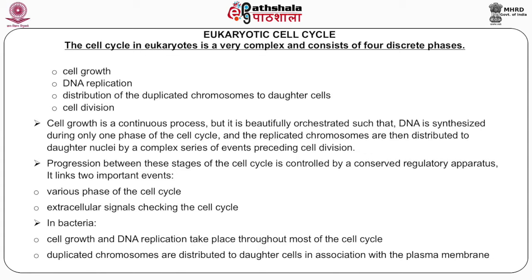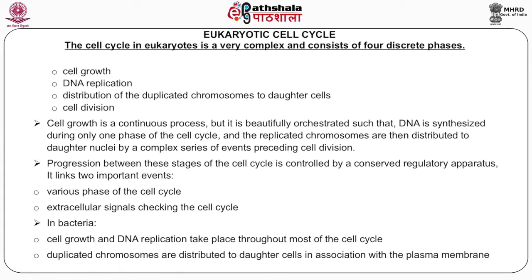The cell cycle in eukaryotes is very complex and consists of four discrete phases. Although cell growth is usually a continuous process, DNA is synthesized during only one phase of the cell cycle, and the replicated chromosomes are then distributed to daughter nuclei by a complex series of events preceding cell division.